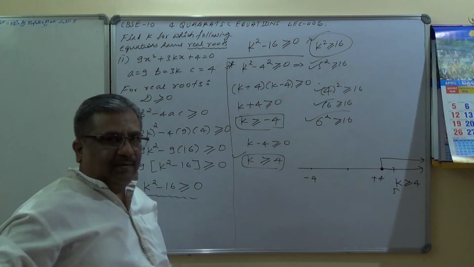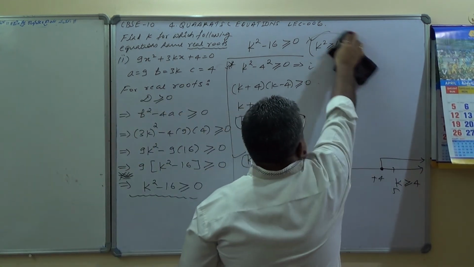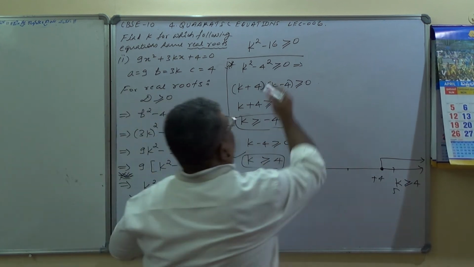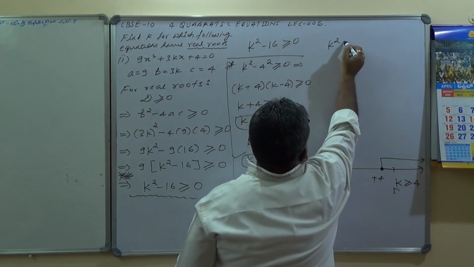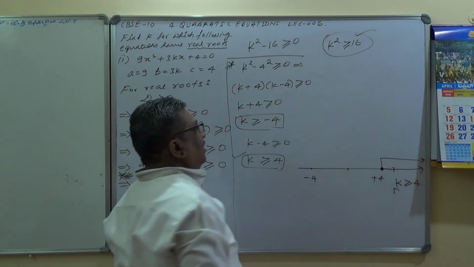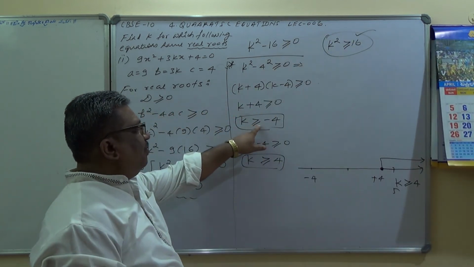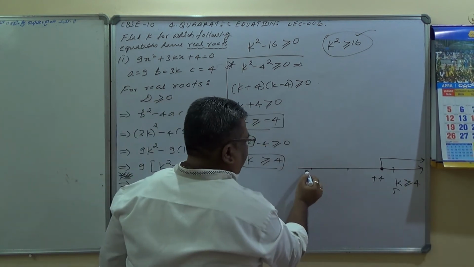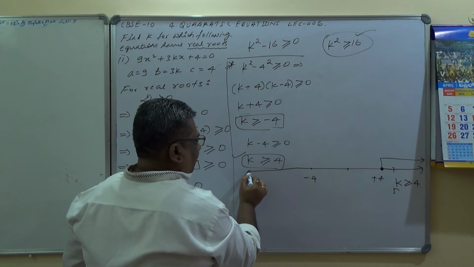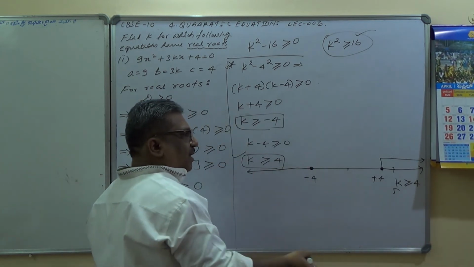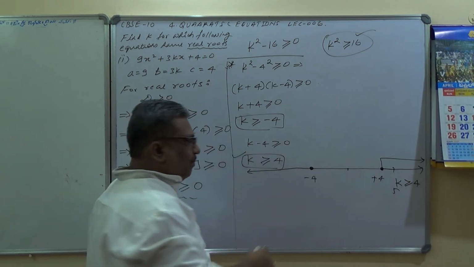I erase this now. What is the meaning of this once again? K square is greater than or equal to 16. Correct? By transposing. Take this situation. K should be greater than or equal to minus 4. It is minus 4. Greater than or equal to minus 4 is shaded circle, hollow circle is excluded, shaded circle is included.